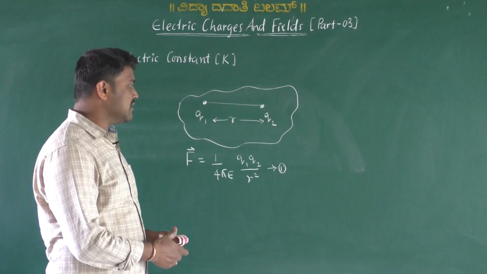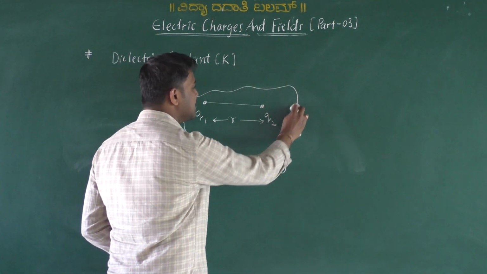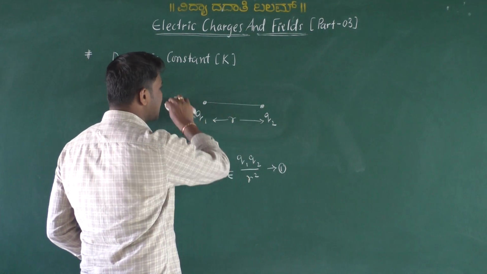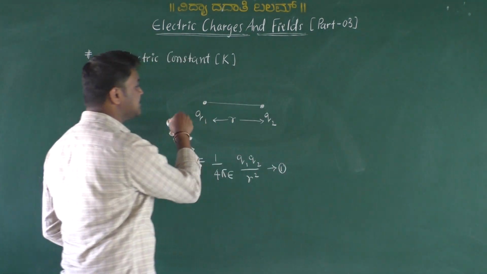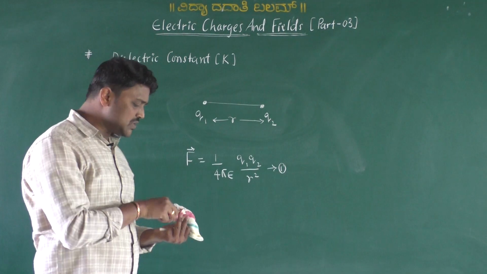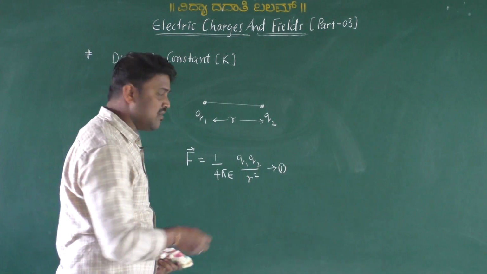Now what I am doing here is removing the medium. Then we come to know that these two charges placed in free space also experience a force. What is that?